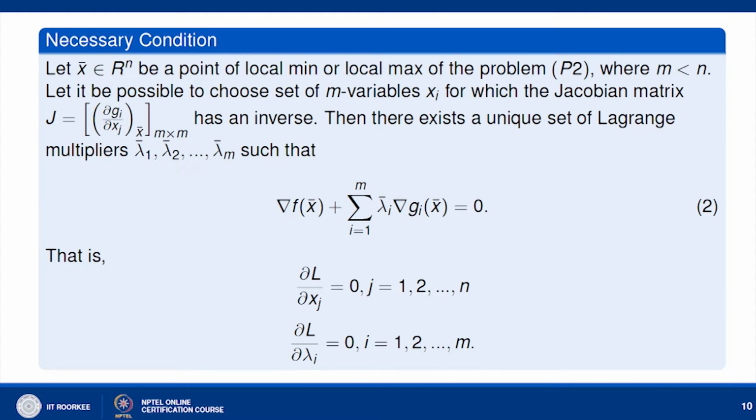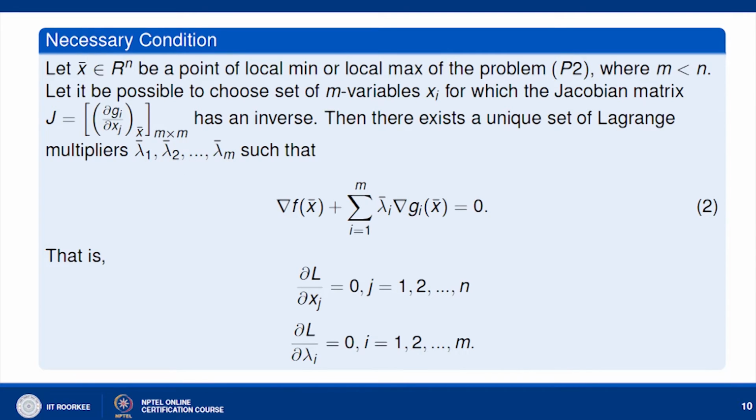Let it be possible to choose a set of m variables x_i for which the Jacobian matrix del g_i upon del x_j at x bar, which is of order m cross m, has an inverse. This condition is required in order to prove this. I am not discussing the proof here, I am just discussing the conditions.